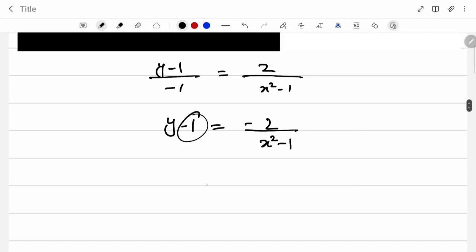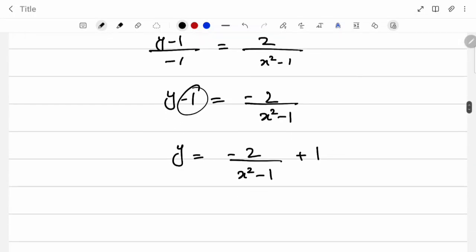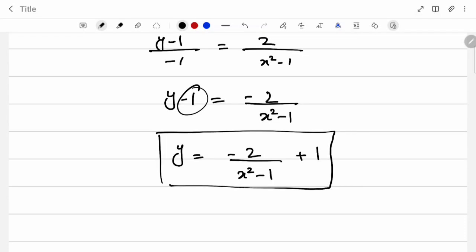Now bring this minus 1 to the opposite side. So y equals minus 2 over (x squared minus 1) plus 1. And this is what is required of us. You can further simplify it by an LCM, but there is no need to do it because we just need to make y the subject, the condition is fulfilled, and this is the solution.